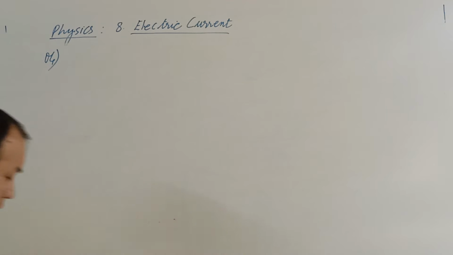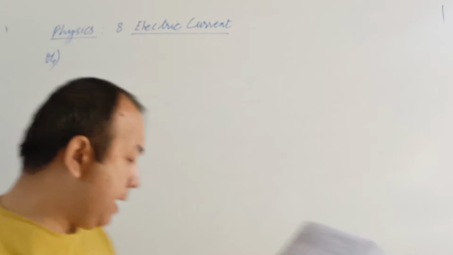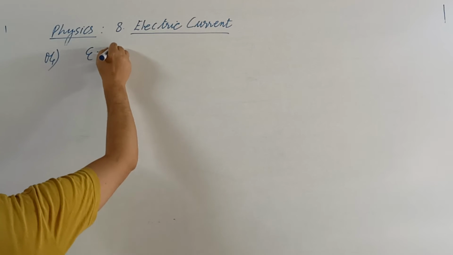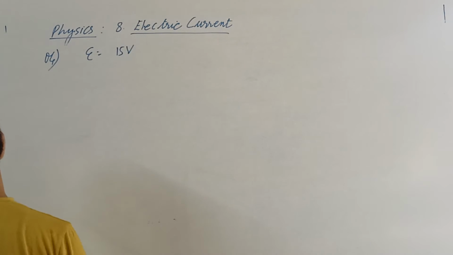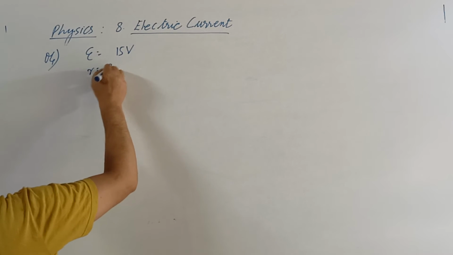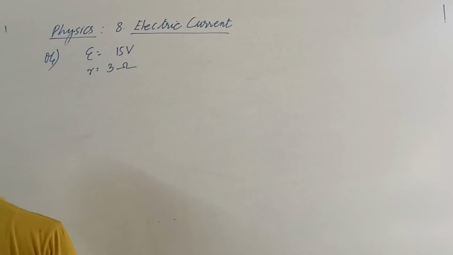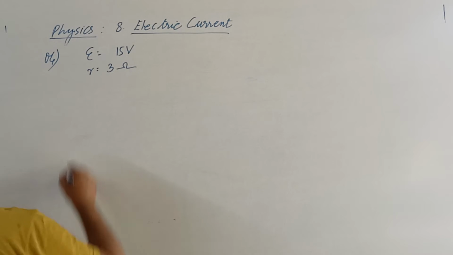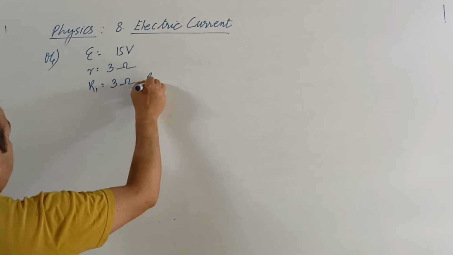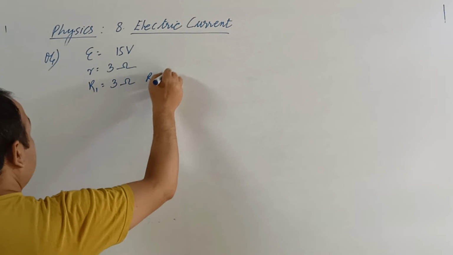In question number 4, a battery of EMF 15 volt. So EMF is given equal to 15 volt, and the internal resistance is given equal to 3 ohm. It is connected to 2 resistors, R1 equal to 3 ohm and R2, let us suppose, equal to 6 ohm, in series.